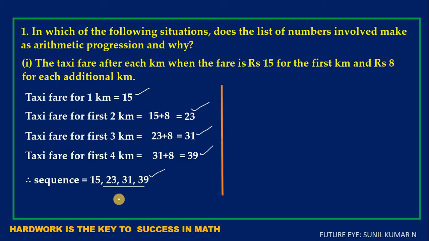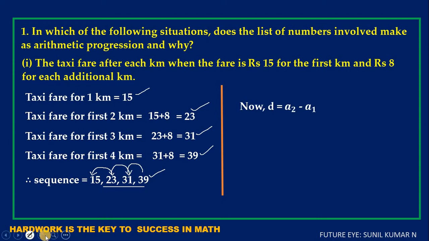For that we have to find A2 minus A1. Look at the sequence, children, how I am marking. A2 minus A1 and then A3 minus A2 and then A4 minus A3. If we get a constant answer for this, then we can say it is in AP. Let us do that work now.